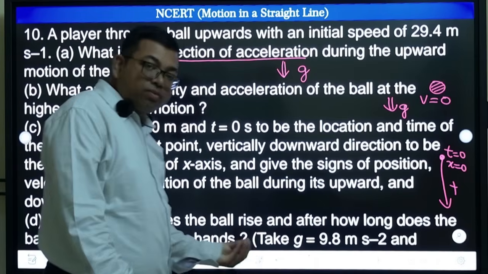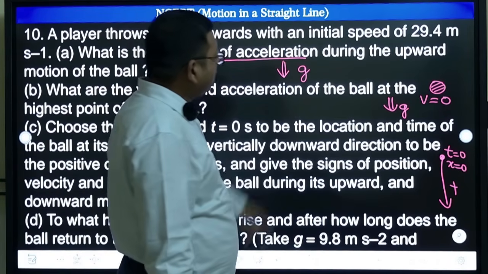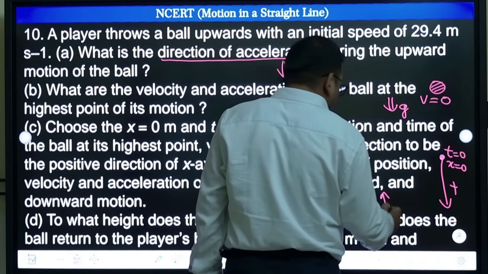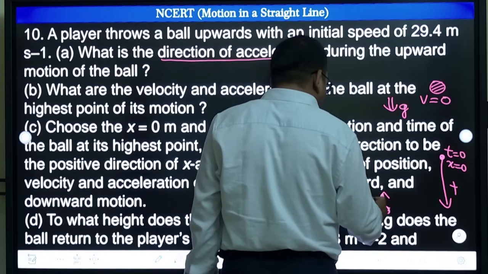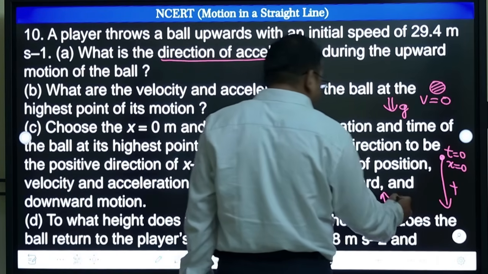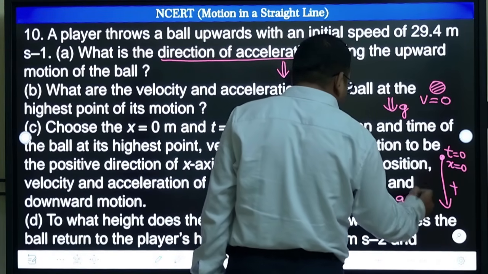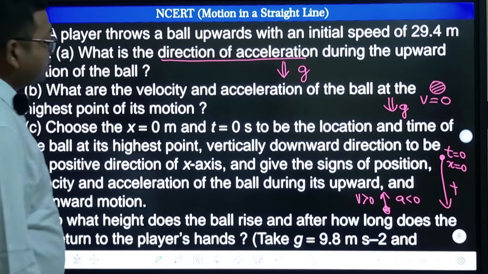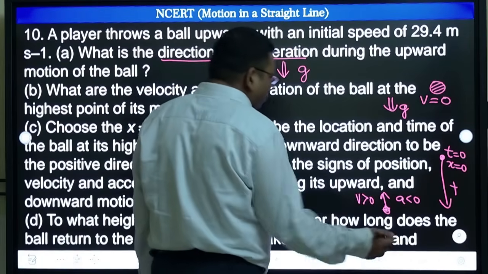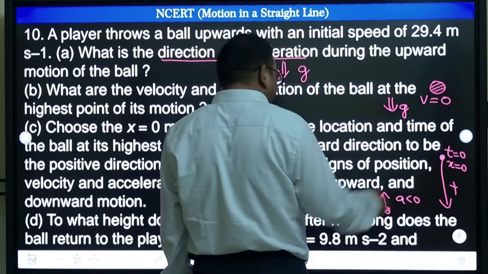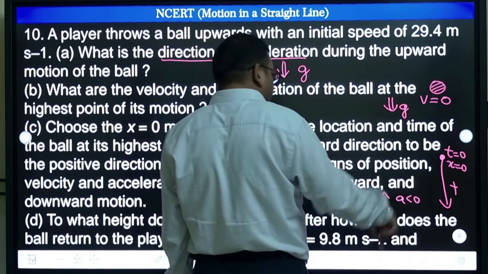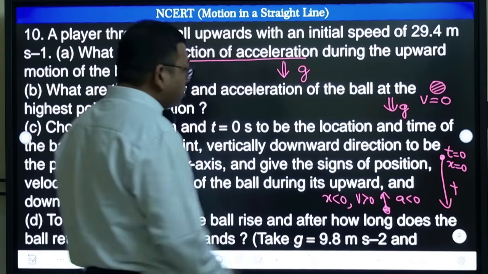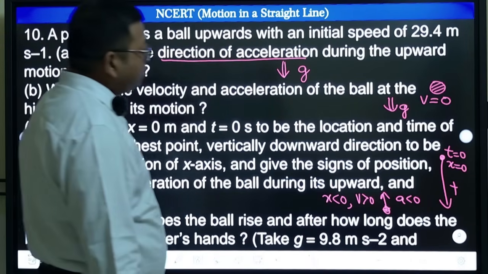While the ball is moving upward, acceleration is always negative, right? The ball was thrown from the ground, so the body is in the downward direction only, meaning the position is below, so x position is also negative. And what about velocity?